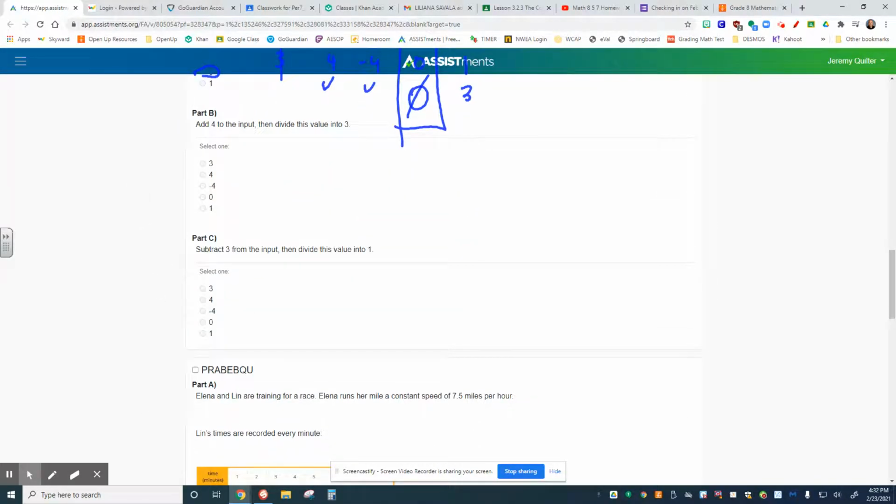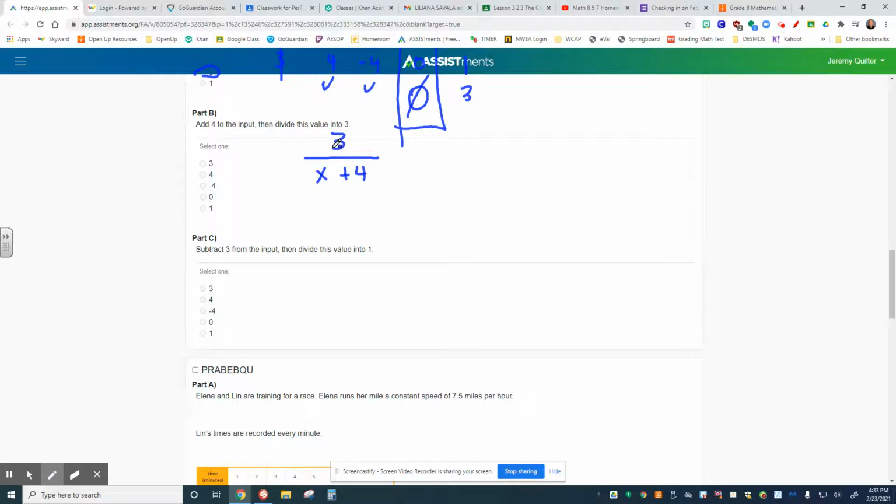Part B says to add 4 to the input, then divide that value into 3. So when we're talking about dividing that value into 3, I think that would actually mean something like this, where we take that value and go dividing that value into 3.